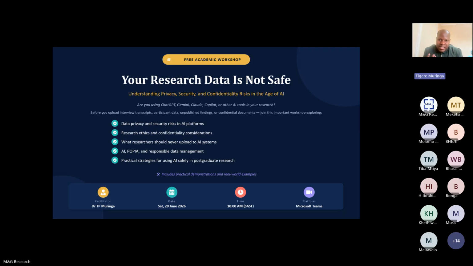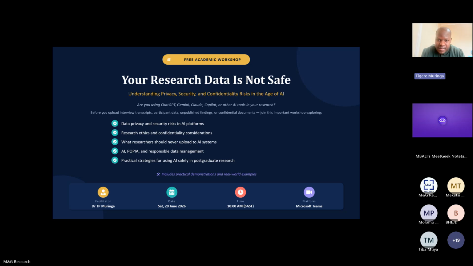We want to understand these key aspects of privacy, security, and confidentiality, and how AI has tended to pose a risk for researchers to maintain these key aspects, right? So the question is, are you using ChatGPT, Gemini, Claude, Copilot, or other AI tools in your research before you upload interview transcripts, participants' data, unpublished findings, or confidential documents?